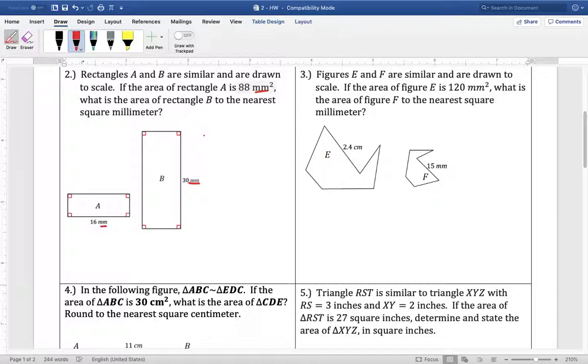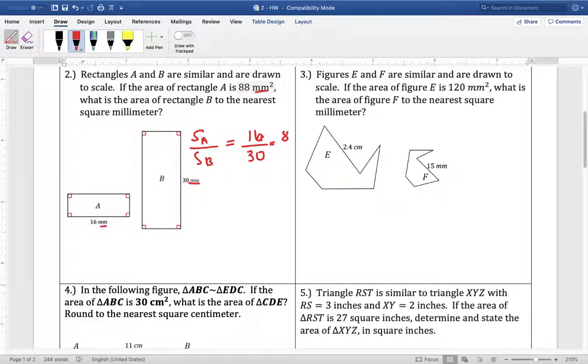So if we take a look at side of A over side of B, these two values for our ratio are 16 over 30. Now, sometimes it's easier to reduce the ratios, sometimes it's easier to keep them as they are. But for this one, if we reduced it, we can divide everything here by 2, and we would have 8 over 15.